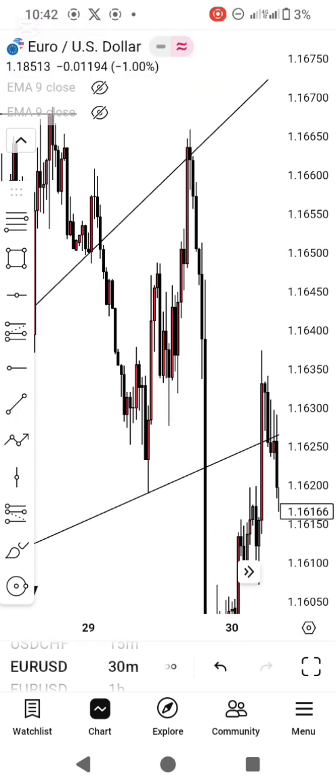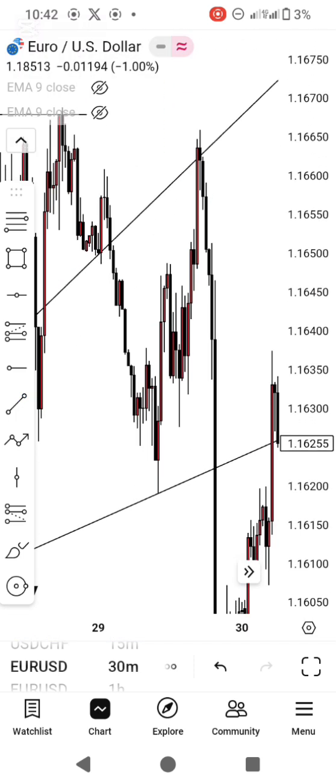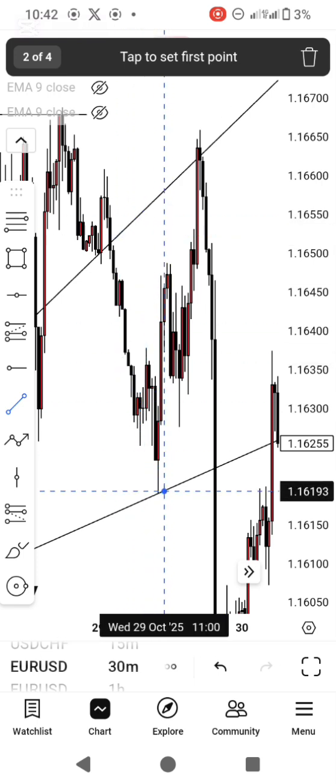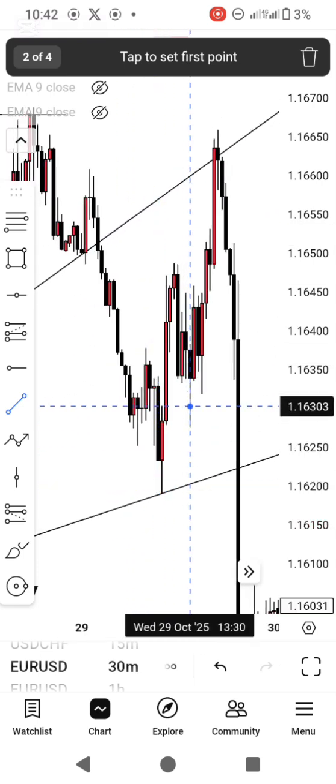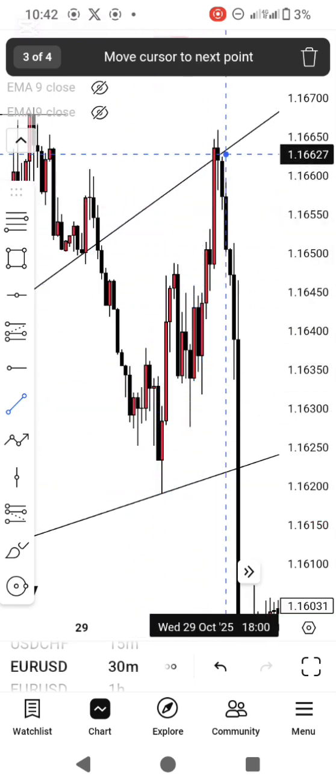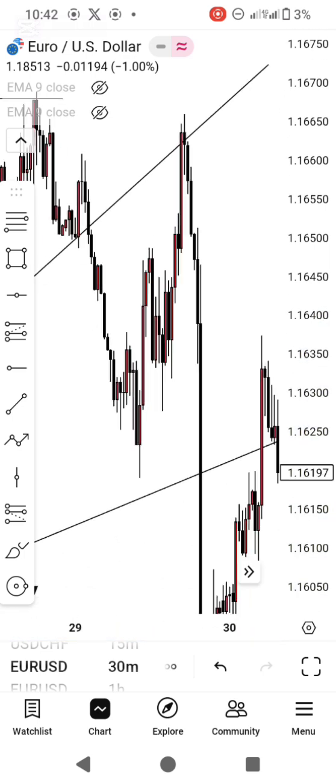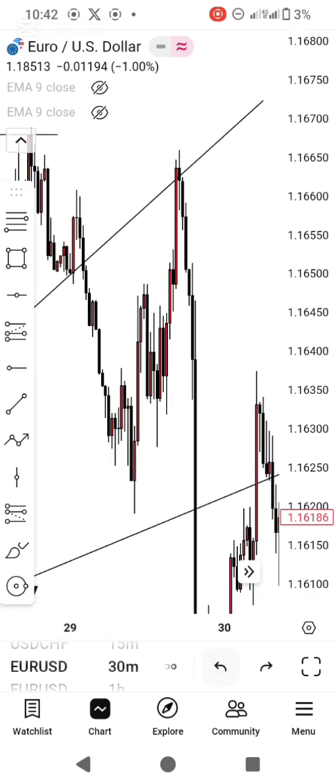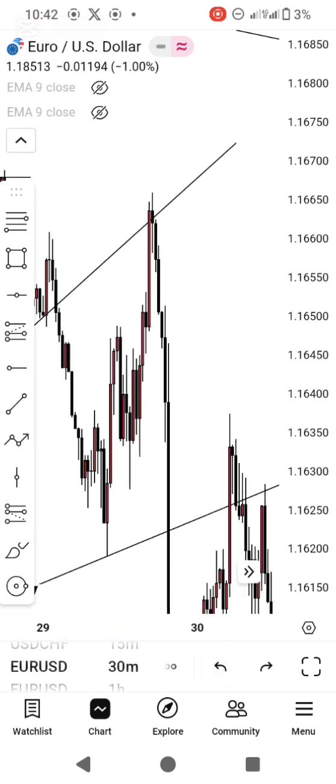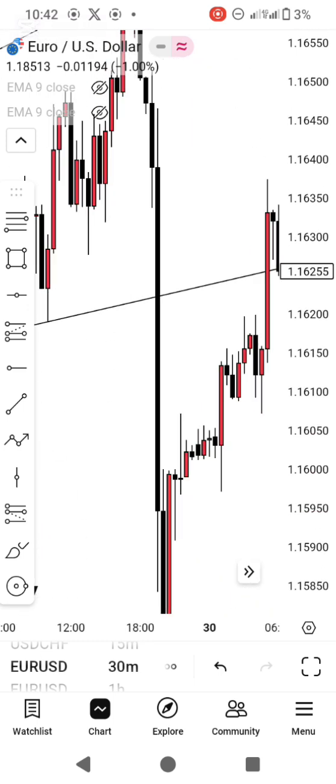Okay, then it broke it, tapped into our first trend line. You can see it right here. And still what? Bought. So after it broke it, then it retested the trend line and did what? Sold.